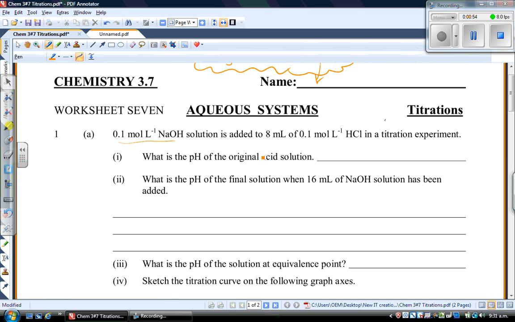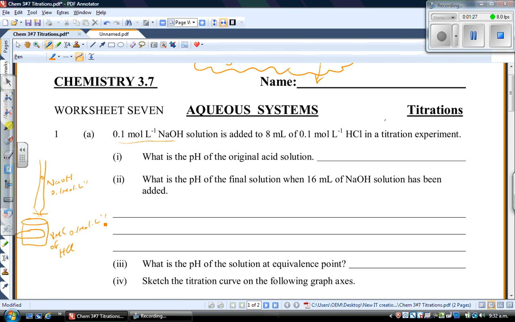So just to draw a little diagram to show what we're doing there. I'll put it on the side here because it will fit nicely. You have a burette, and in the burette you have your sodium hydroxide, that's your strong base, and its concentration is 0.1 mole per liter. In the beaker, or maybe it's a conical flask, you have 8 mL to start with of hydrochloric acid, and its concentration is also 0.1 moles per liter.